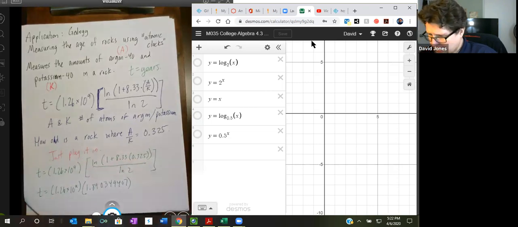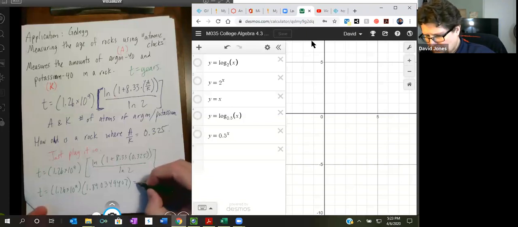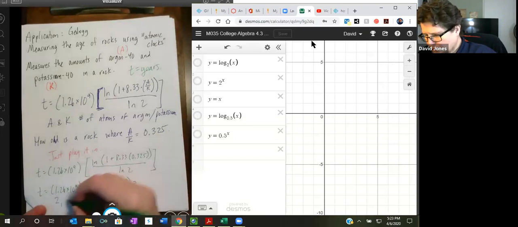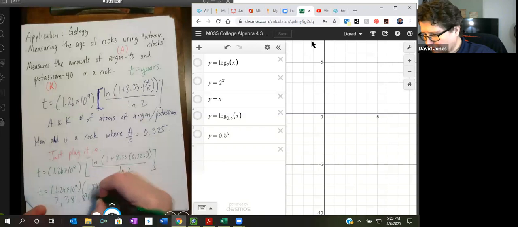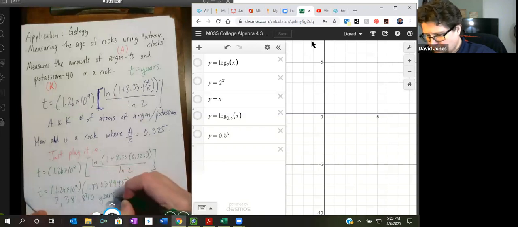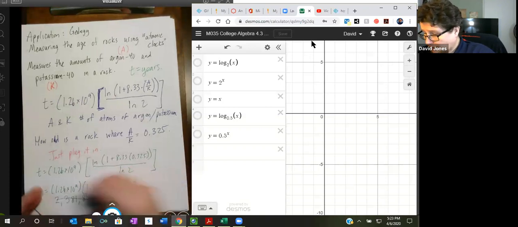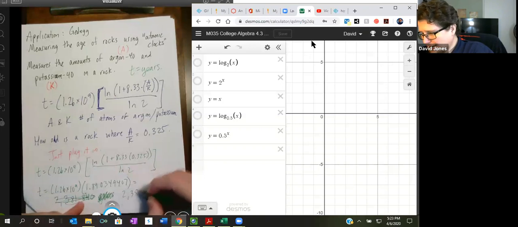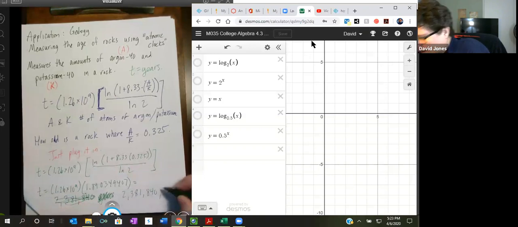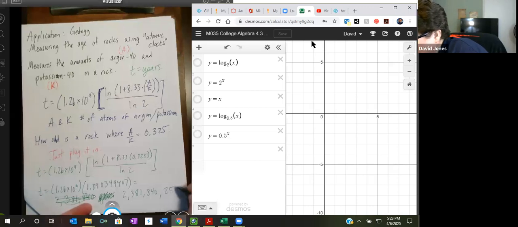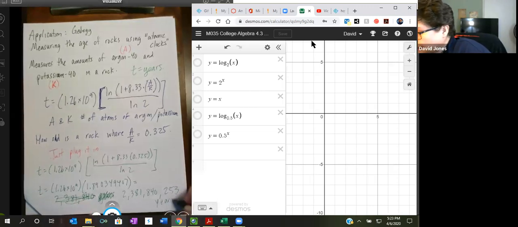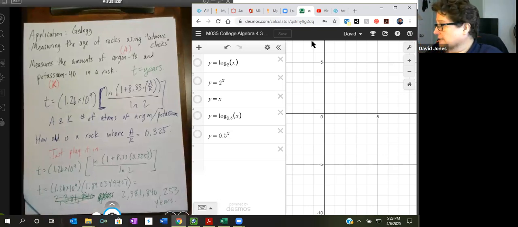And if I multiply that in, oh gosh, that's old. 2,381,840,253 years. 2 billion years. That's an old rock, right?